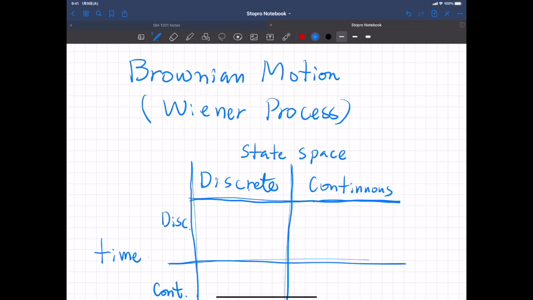Alright, today we are going to study Brownian motion, also known as the Wiener process.